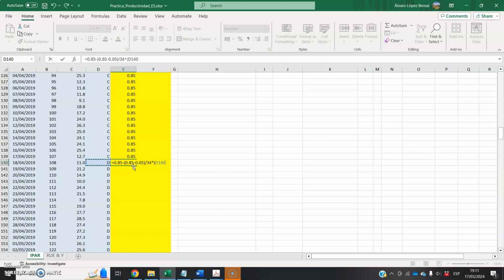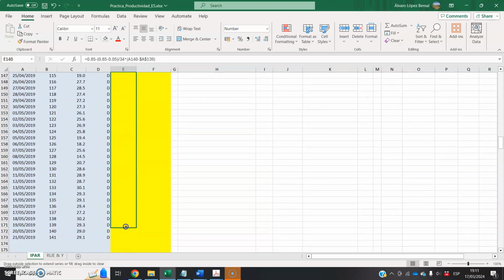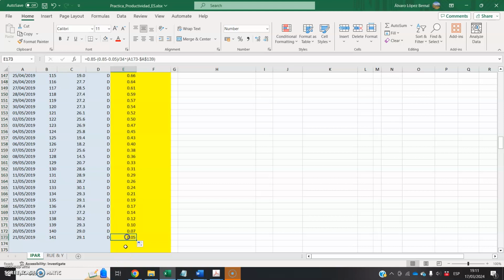And if we want the value at the end of each day, we can just use the same approach to expand the formula down, so that if things are done properly, we will finish in 0.05, the target value.